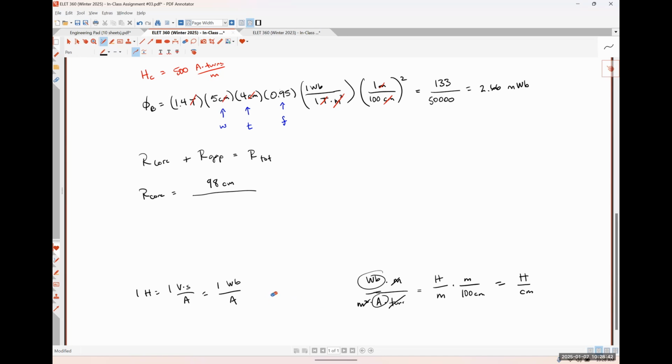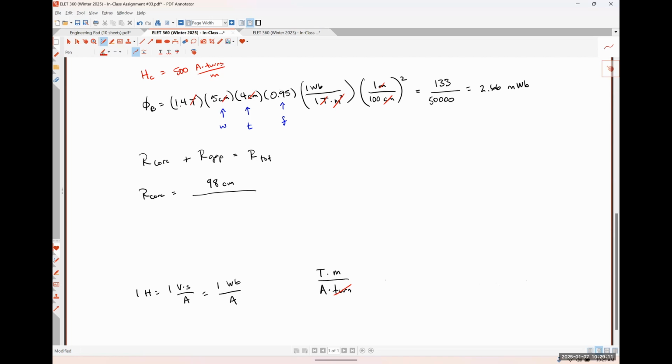Let me run through it again. All right, so let's go with what we started with, okay? So we initially started with a Tesla times a meter divided by an amp times a turn. Are you okay with that? Okay, so the first thing that I did was I threw away turns because that's a dimensionless quantity that doesn't mean anything.